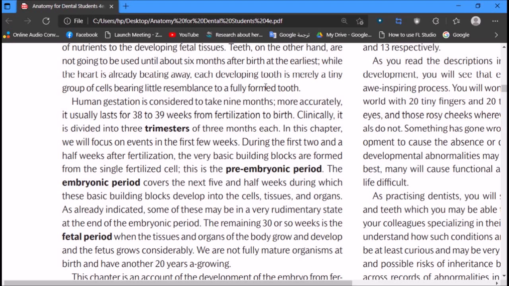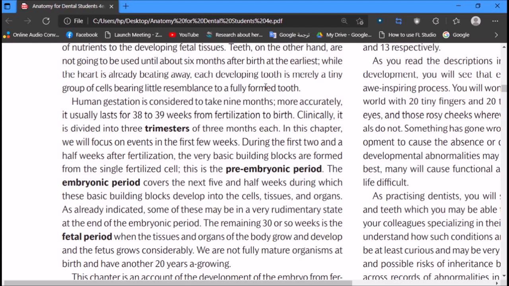As practicing dentists, you will see abnormalities of the face, jaws, and teeth, which you may be able to correct yourself or refer to other colleagues specializing in their treatment.